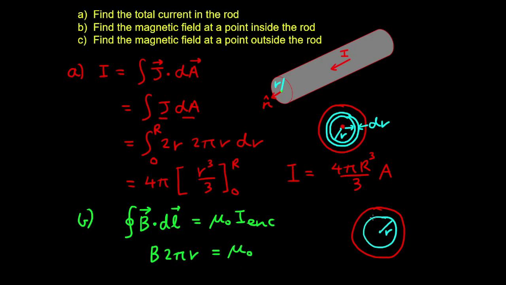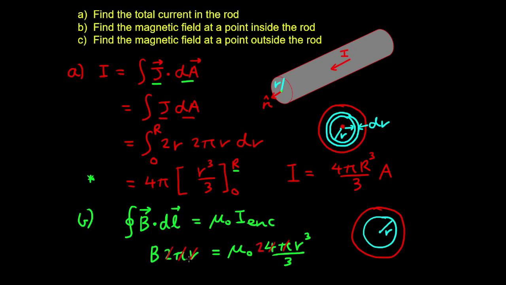and the current enclosed in this loop is obtained using the integral of the dot product between the current density and the differential area, which we did in part A, but instead we would integrate from 0 to r. So what we'd get is the enclosed current in that loop is 4 pi by r cubed on 3. And now if we solve for the strength of the magnetic field, we have the pi's cancelling. 4 on 2 is 2.